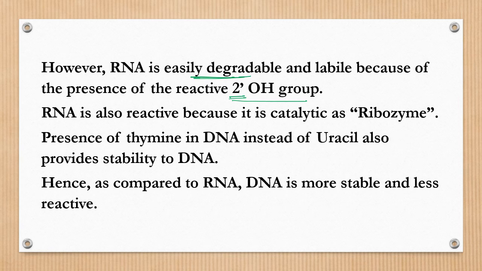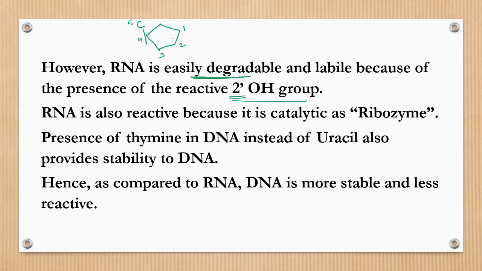So what is the difference between the two? In RNA, the pentose sugar consists of five carbons: one, two, three, four, and five.